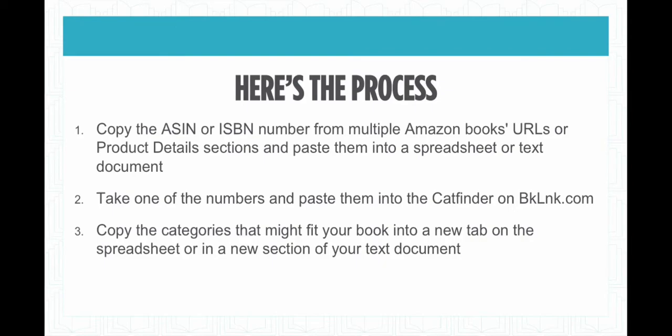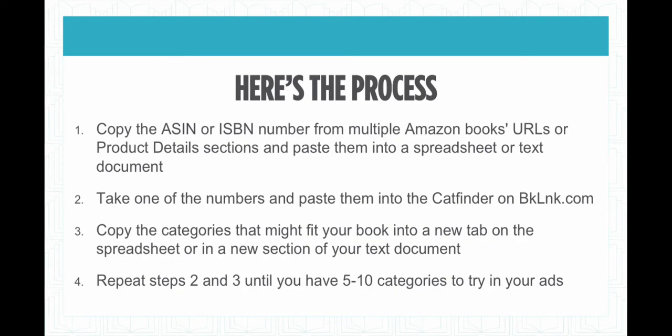You can copy the categories that might fit your book into a tab on your spreadsheet, or a new section of your text document, and then you can repeat steps 2 and 3 until you have 5 to 10 categories to try. Maybe not just getting KDP to add them, but also running sponsored product category ads.